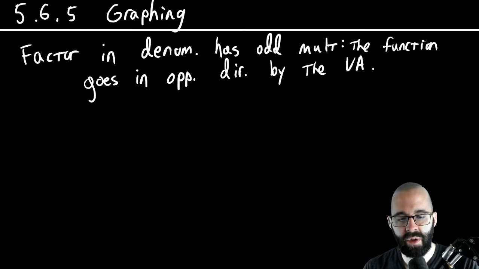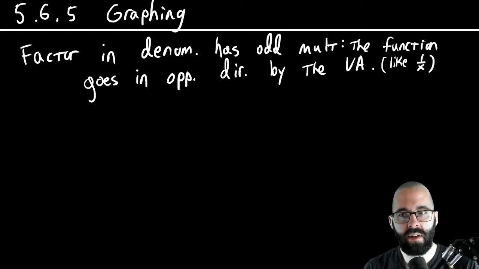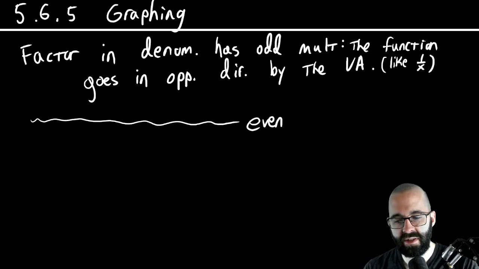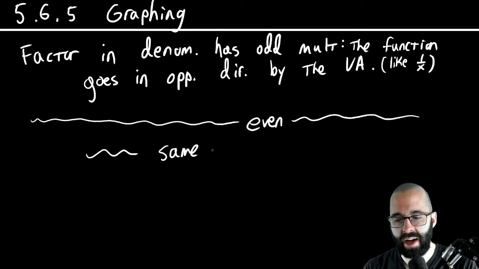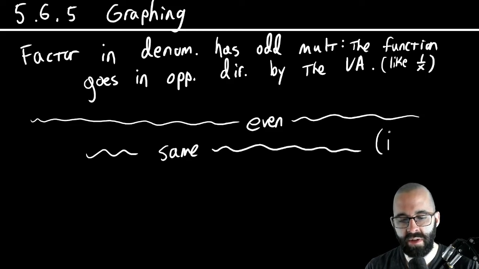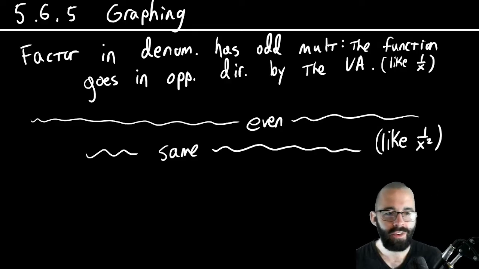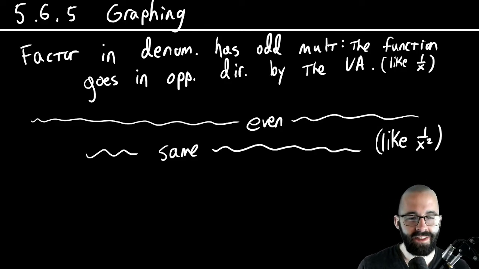Kind of like 1 over x. And similarly, if the factor in the denominator has an even multiplicity, then the function goes in the same direction by the vertical asymptote, like 1 over x squared. So notice how we're talking about multiplicities again.